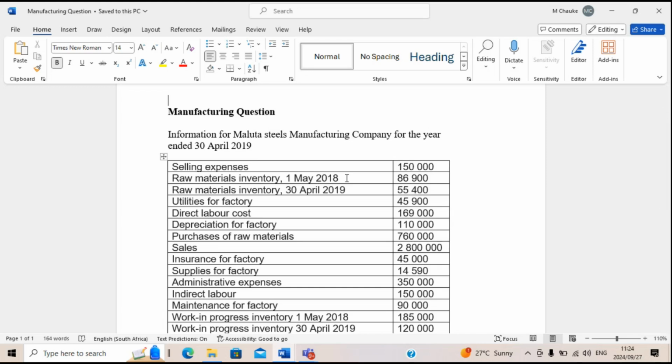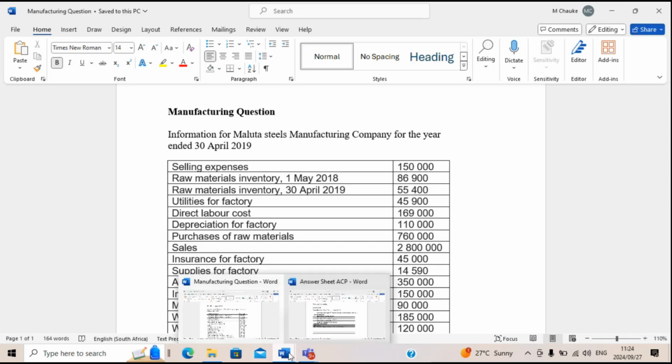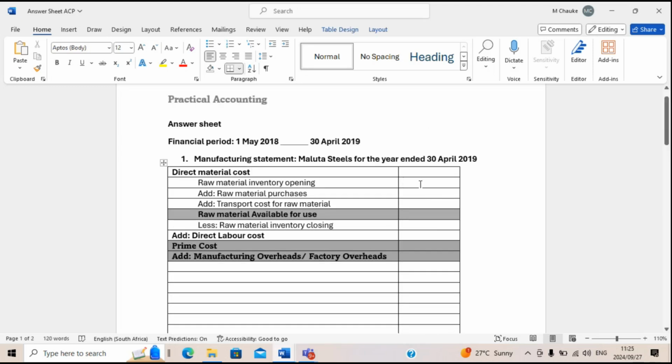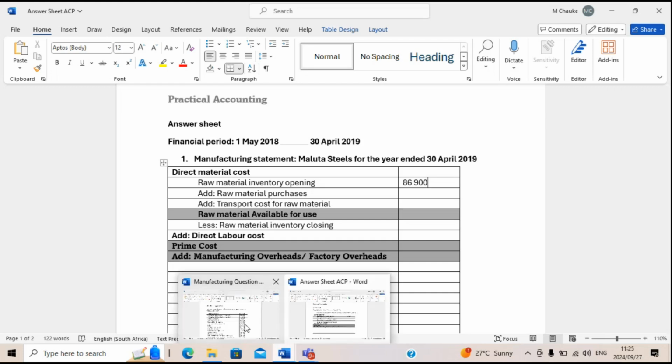So now let's go to our answer sheet and indicate that our opening raw material is 86,900, right? And then we go and check again in our question the raw material purchases.